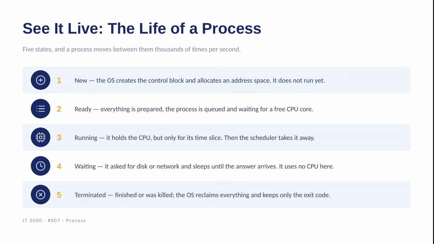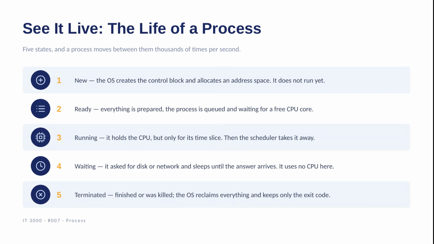Now that we've mapped out where a process lives, let's watch how it actually behaves, because a process is rarely sitting still. It cycles through 5 states, often thousands of times per second. It's born in the new state, where the OS builds its control block and address space but hasn't run a single instruction yet. Then it moves to ready, fully prepared, standing in line for a free CPU core.